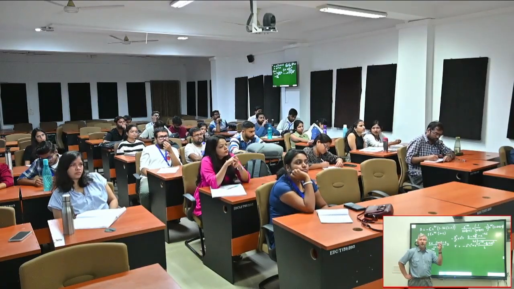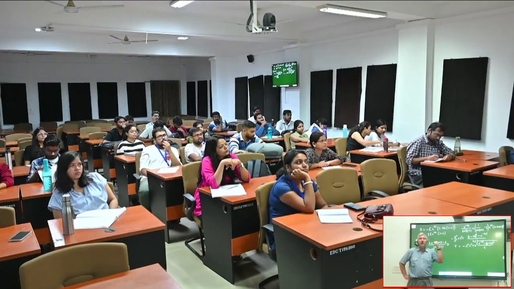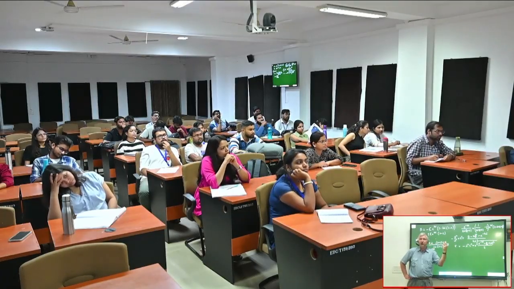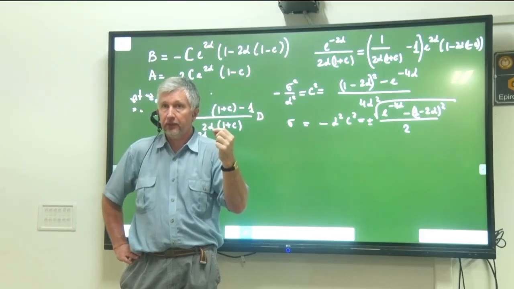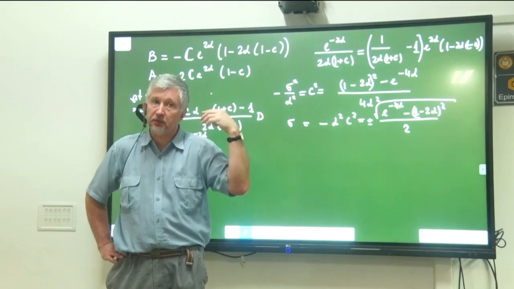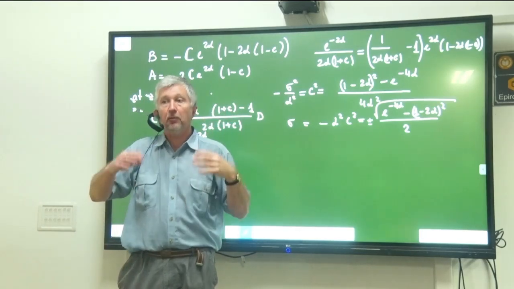So remember what the meaning of sigma is. Sigma is sigma r plus i sigma i, so it contains growth rate and frequency of oscillations. So if this becomes negative, then sigma becomes purely imaginary. It does not grow because the real part of sigma is 0. So it does not grow, it does not decay, but it does oscillate.